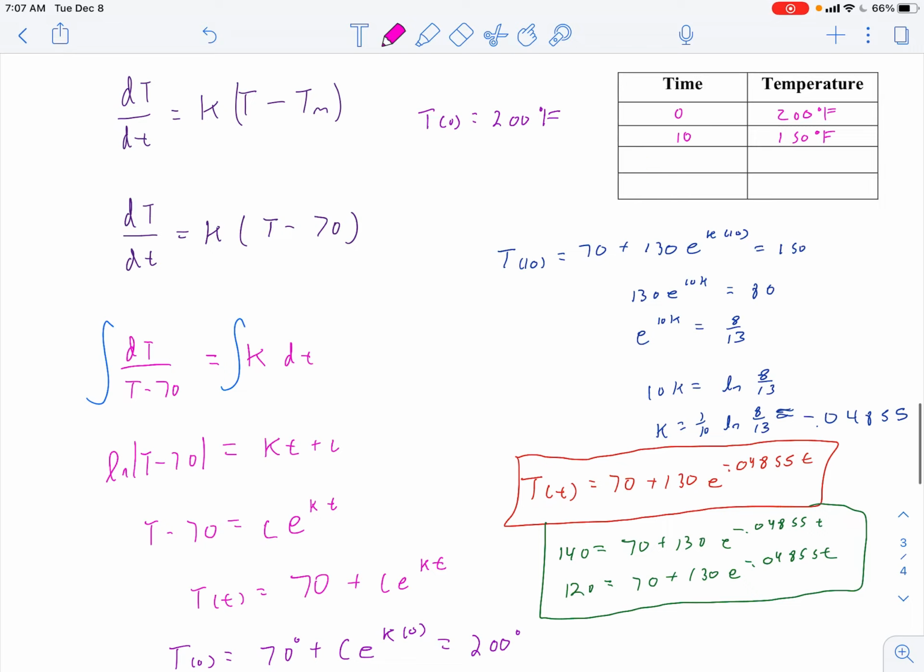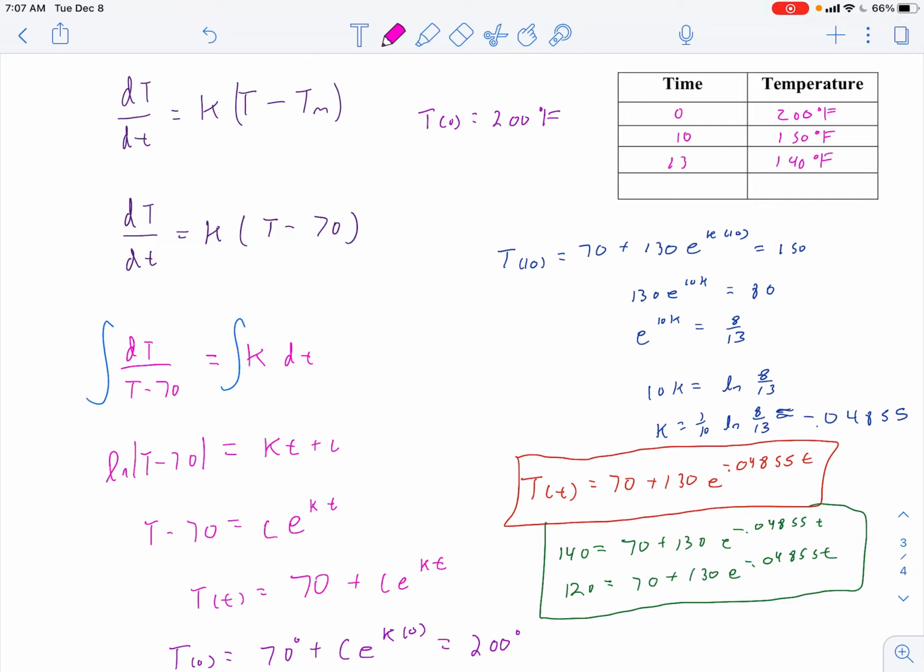I'll just go ahead and round to 13 minutes. So we'll start drinking at 13 minutes, and that's where it's going to reach approximately 140 degrees, or 12 minutes and 45 seconds if you want to be more accurate.